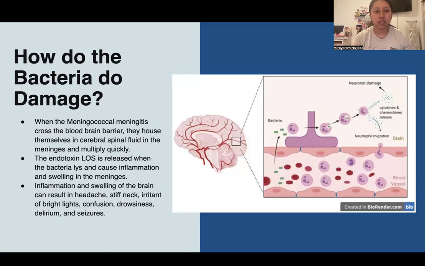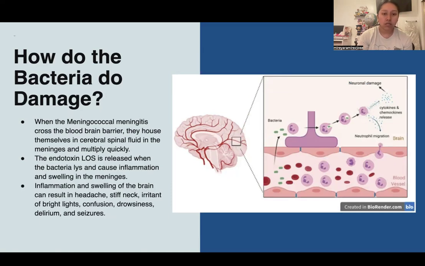Okay, so I will discuss how the bacteria do damage. When a certain pathogen, like Neisseria, gets into the brain, it will find itself in the cerebrospinal fluid. Once they're in there, the bacteria are able to multiply quickly.